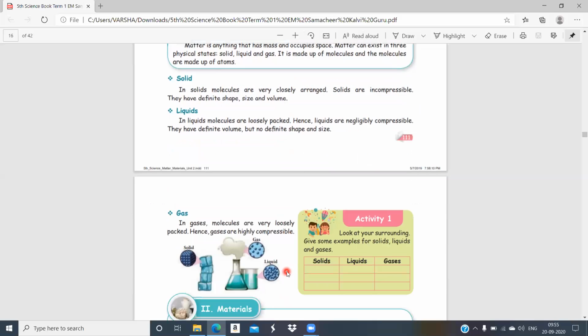Now, gas. In gas, molecules are very loosely packed, hence gases are highly compressible. In gas, the molecules are very loose, and only then are they highly compressible. Wait, I will show you.